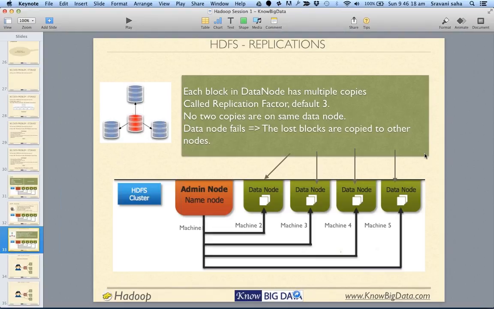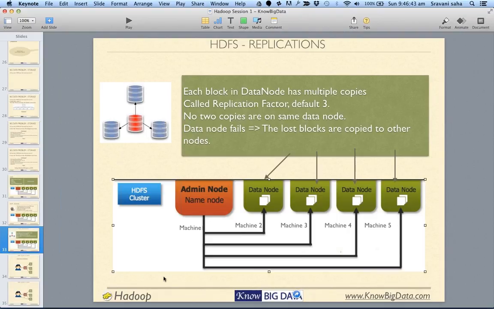If you slice the data into small blocks, and in case one machine goes down that contains one block of all files, then all files are useless, right? Because you have lost one block of each file. So we'll talk about it in a minute.